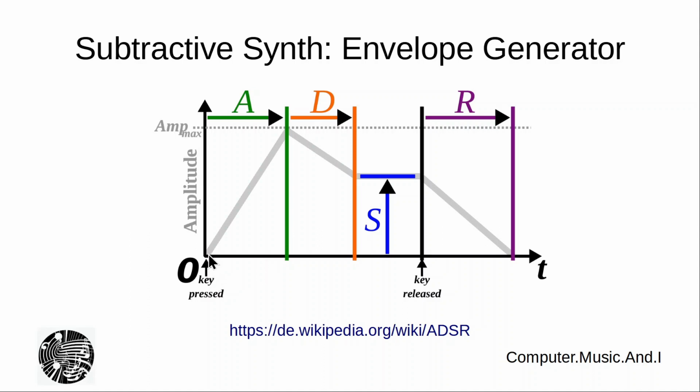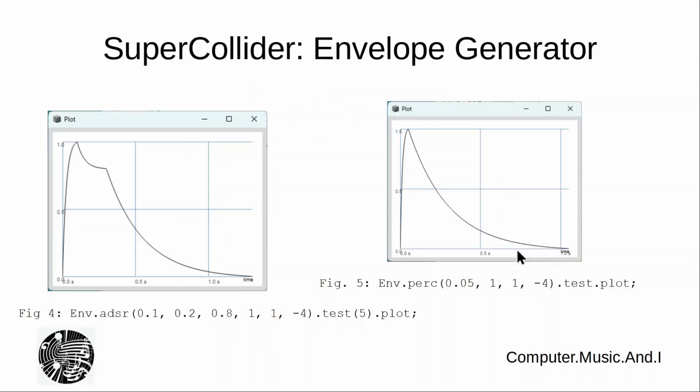It goes from 0 to 1, then it decays, then it stays at a certain level, and once the key is released, after some time it goes back to 0. So we get this kind of function, and these can easily be created in SuperCollider.